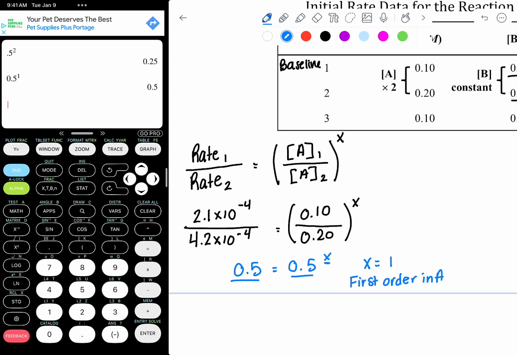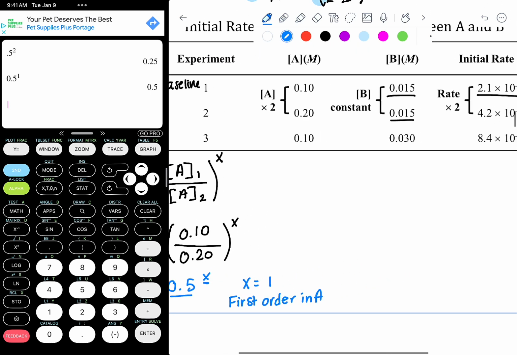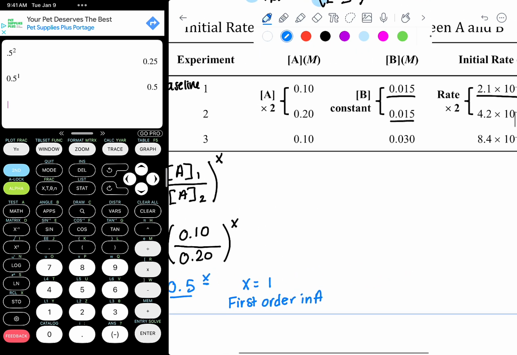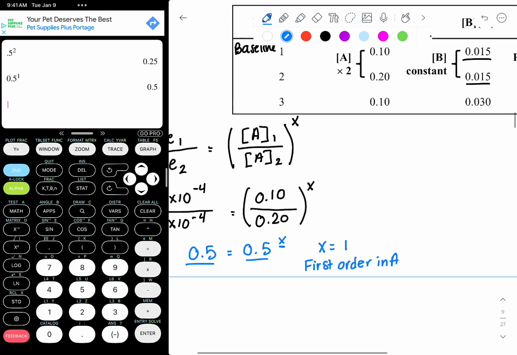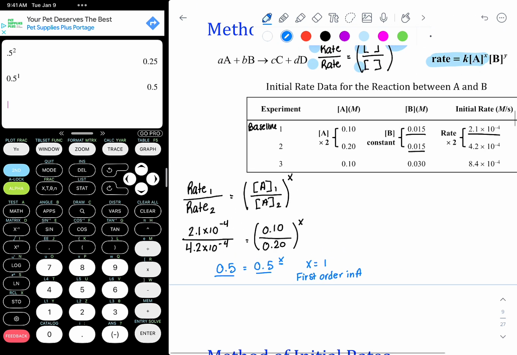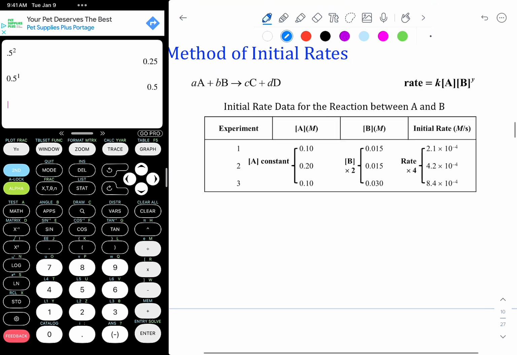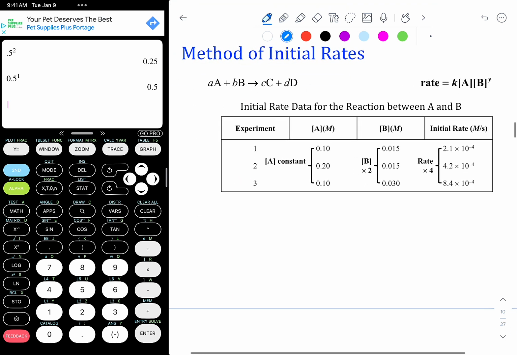Okay, let's do now with B, which I'm going to jump to just a new slide so we have a little bit more room. So now we have B, and I've annotated my chart a little bit differently here. So A is now constant, B is now changing, as is the rate.